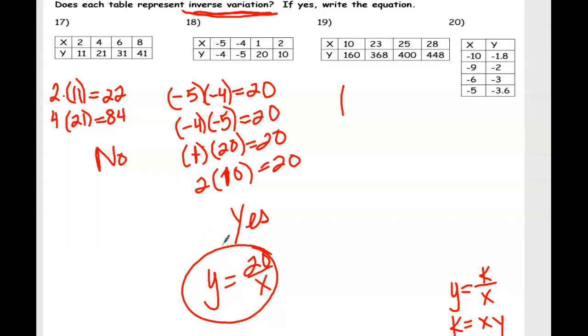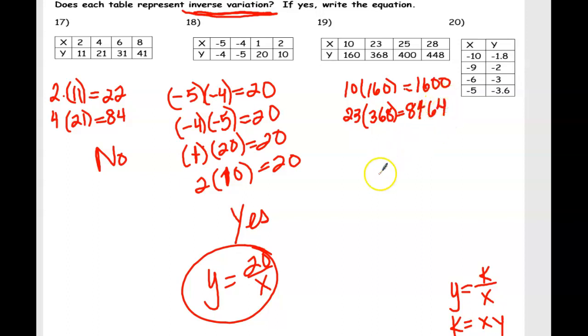Okay, so number 19, when we multiply them together, we get 10 times 160 is equal to 1600. And then we have 23 times 368. When we multiply that out, we end up with 8,464.